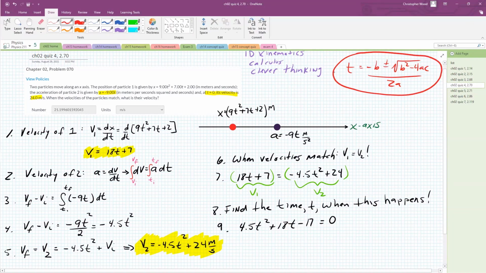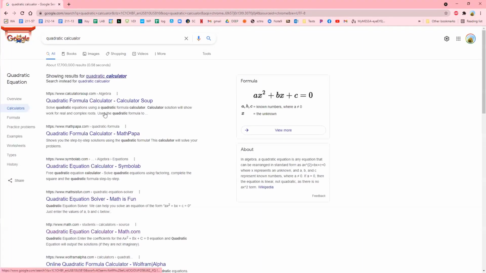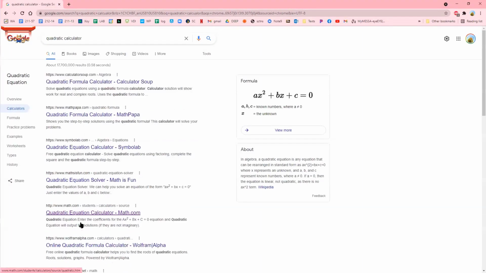What I'm going to do is use this little applet here, a quadratic calculator, one called math.com. What I'm doing here, you would do on your calculator or with the quadratic formula. But for me, I've got to check.